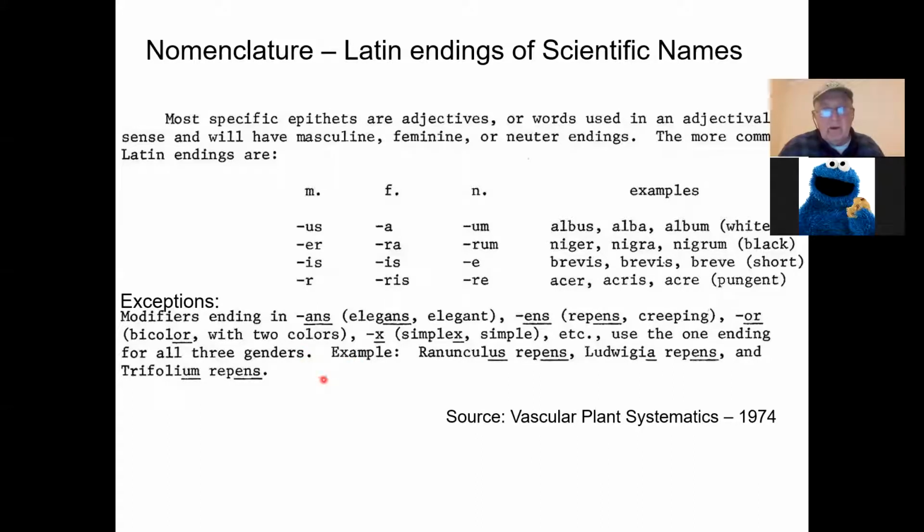Now, if you wrote that down, you'll notice that Quercus ends in a masculine ending, but the epithet alba or rubra, white or red oak, has an A ending, so they don't agree. But Linnaeus, for whatever reason, treated them as exceptions.